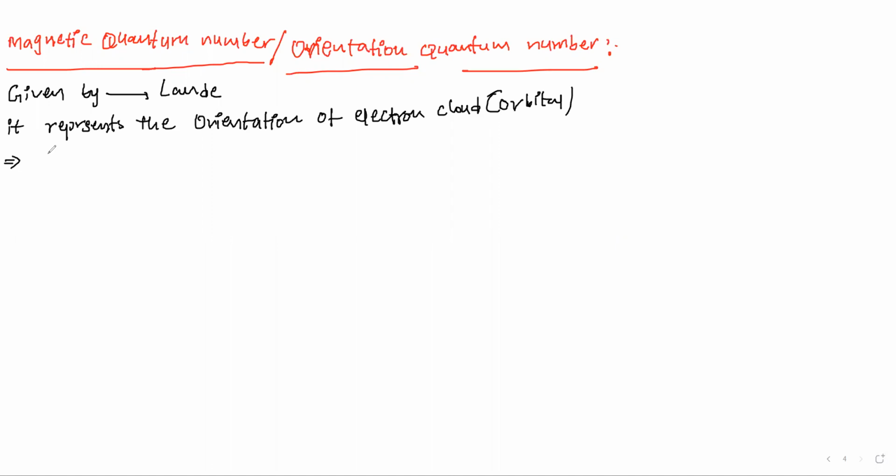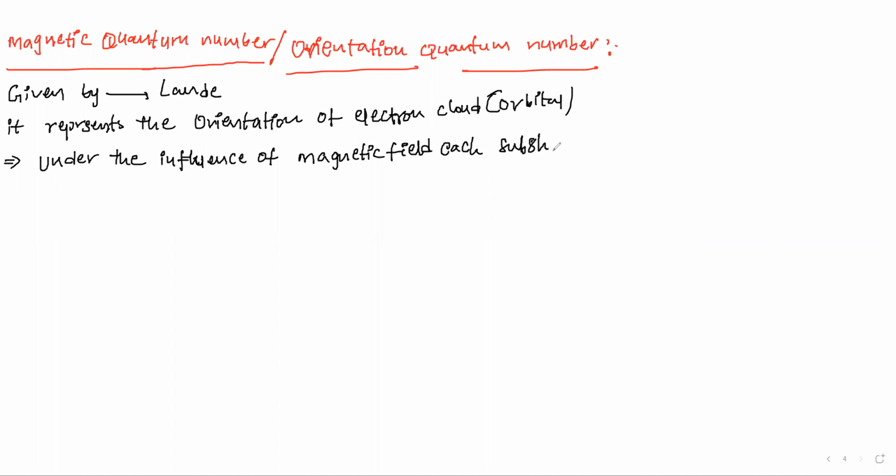Under the influence of magnetic field, each subshell is further subdivided into orbitals.